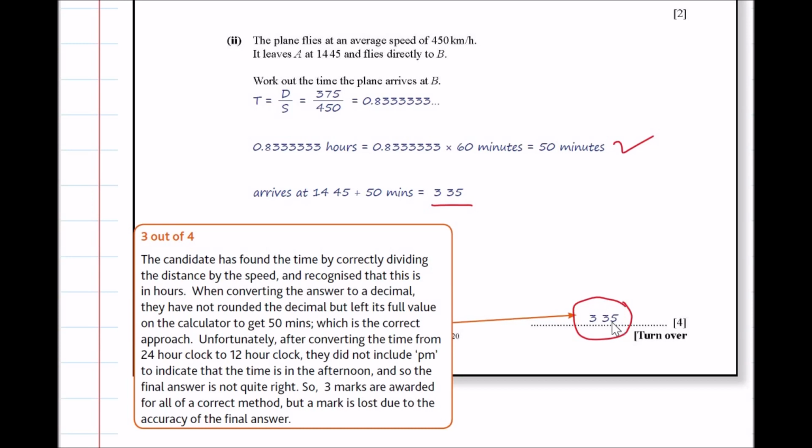That is a must. If you are writing the time in 12-hour clock format, AM or PM must be mentioned. If it is 24-hour clock format, then it is fine. So take care when you are writing the time, you have to be very careful.